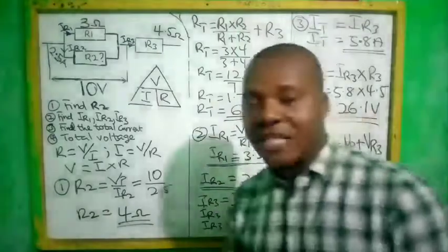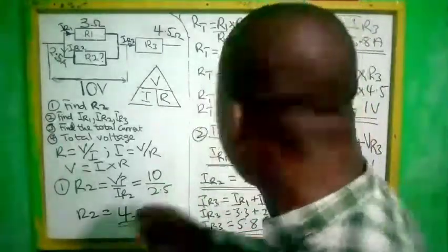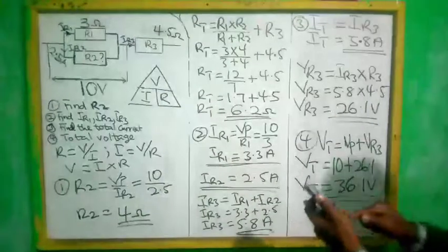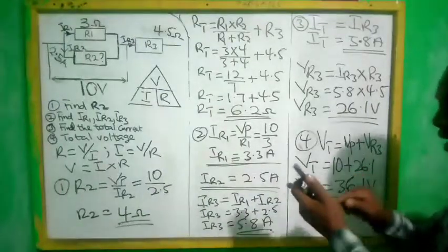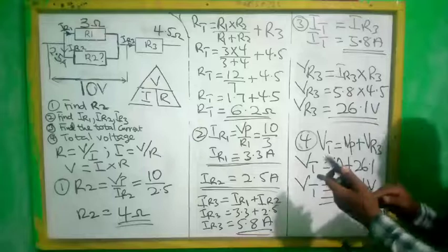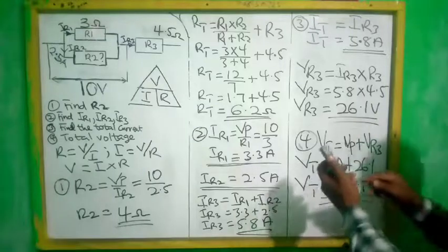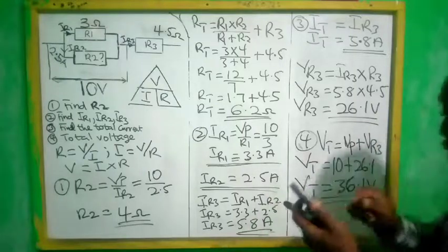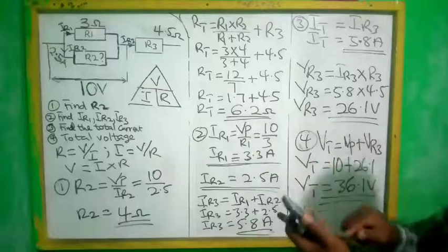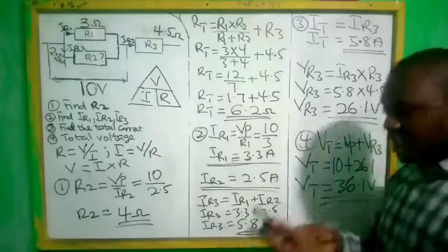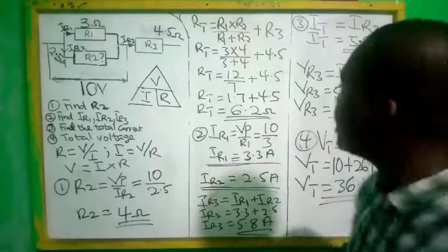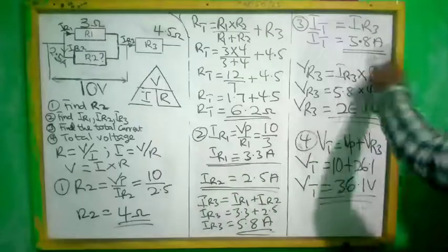It will help us prove whether our answer is correct. You can also use your calculator: 36.1 divided by 6.2. Yes, we have 5.8 as the total current.